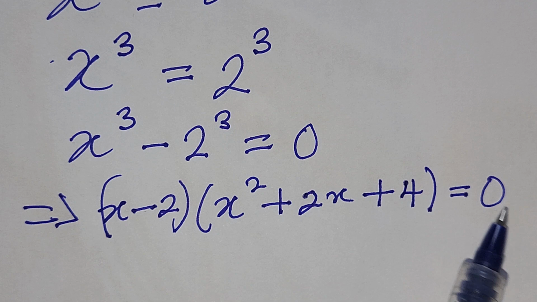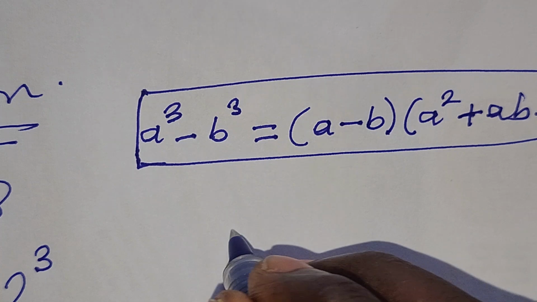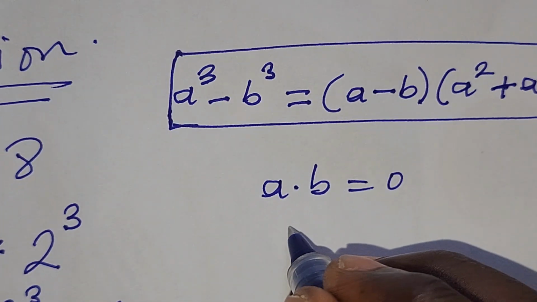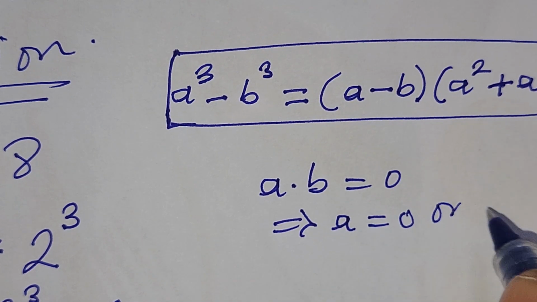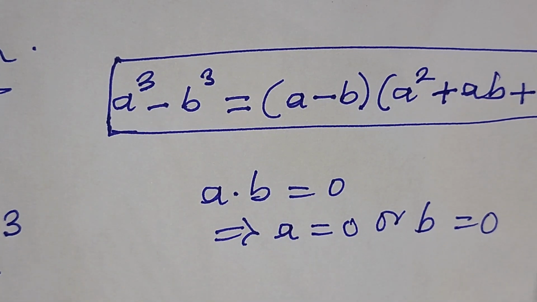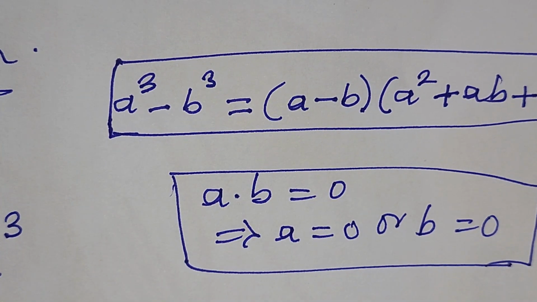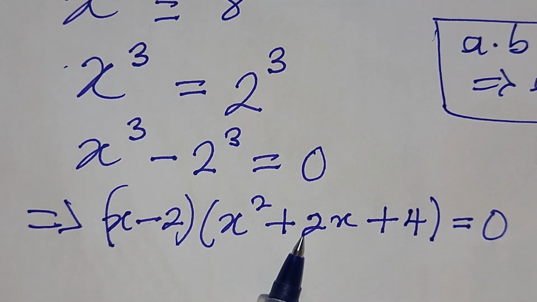Now, we can equate this to 0 and this to 0, applying what we call the zero product rule. We say that if you have A times B equal to 0, this now implies that A is equal to 0 or B is equal to 0. Do you still remember this also? Okay, so if you remember this, we're going to apply that here right now.